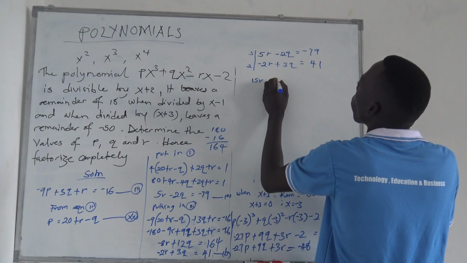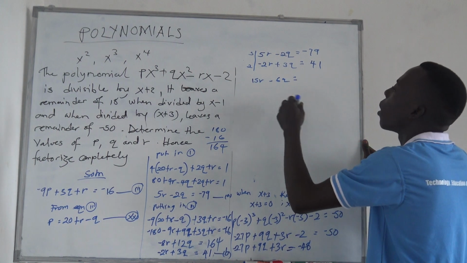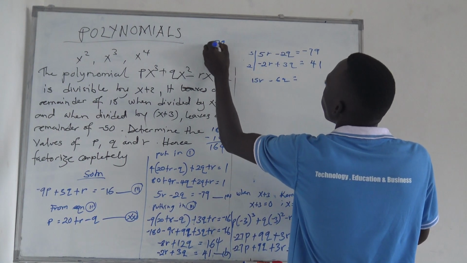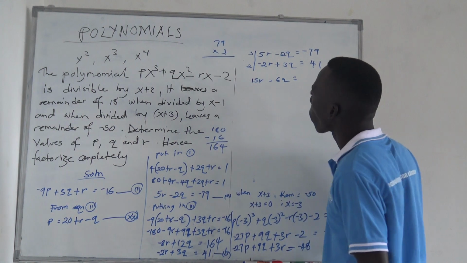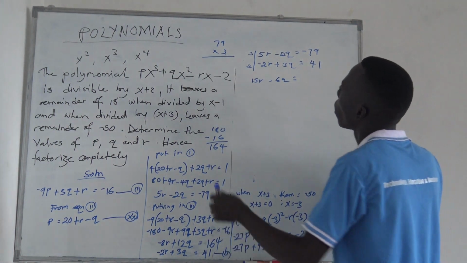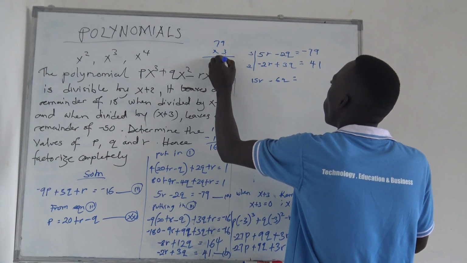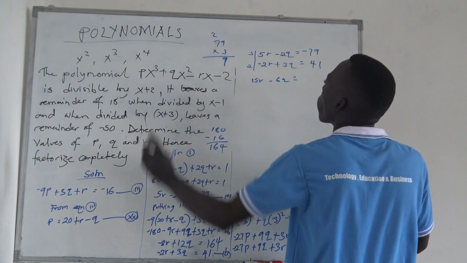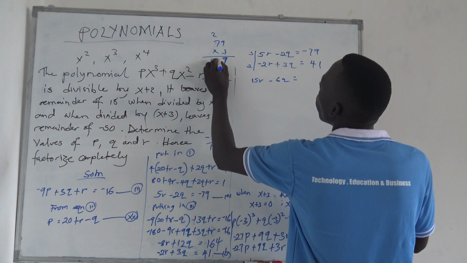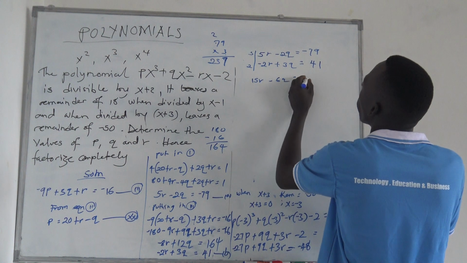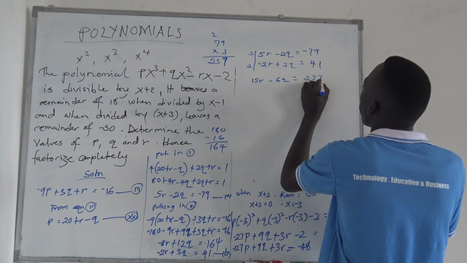So minus 6Q equals, when you multiply 79 by 3, this one gives us 237.